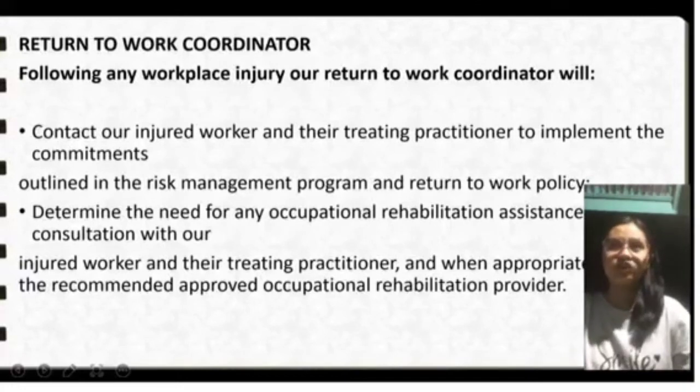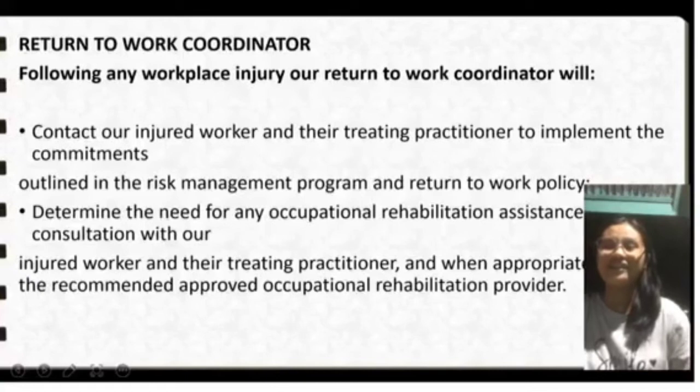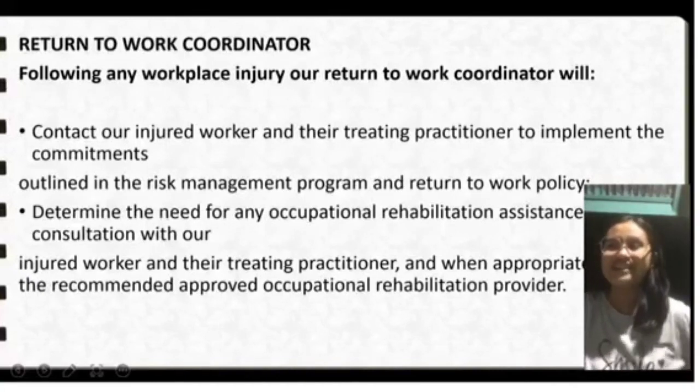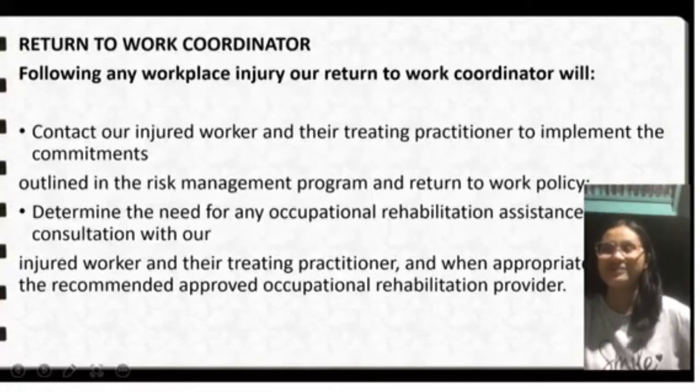Second is to determine the need for any occupational rehabilitation assistance in consultation with our injured worker and their treating practitioner, and when appropriate, refer to the recommended approved occupational rehabilitation provider.